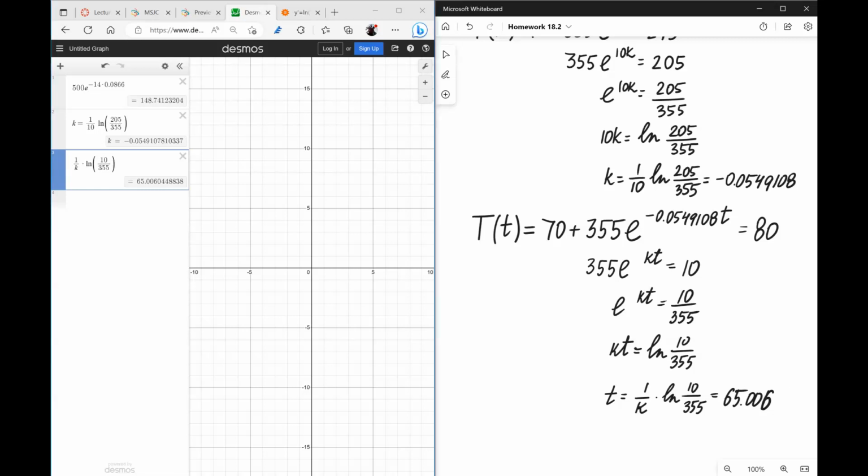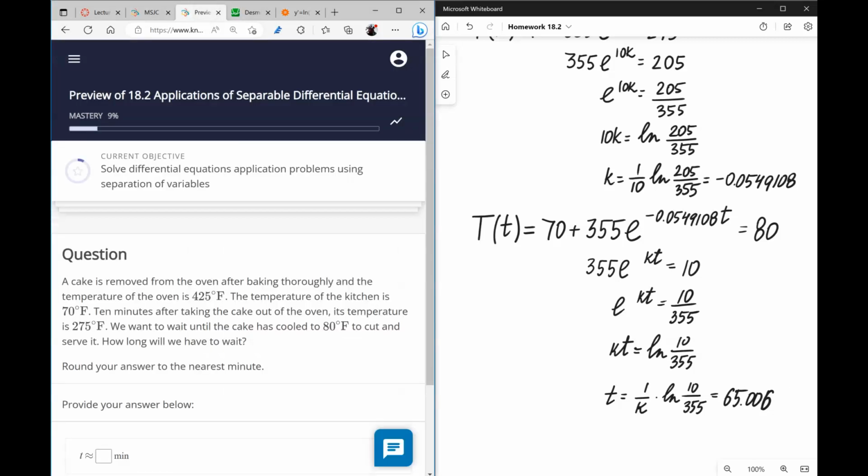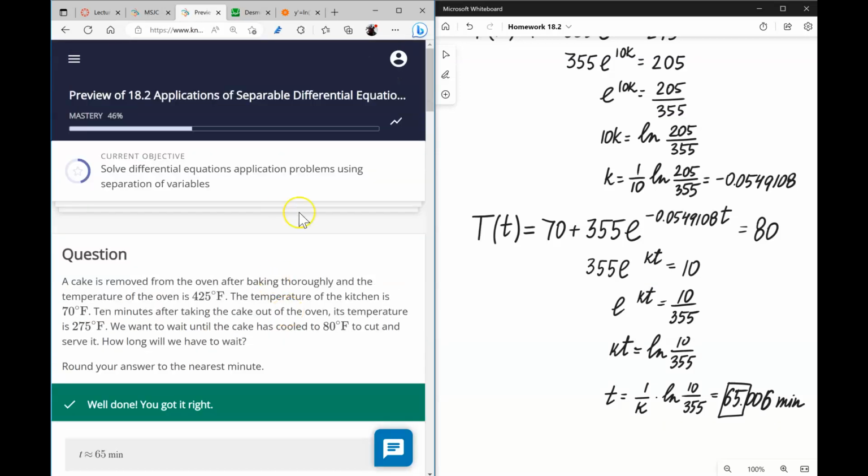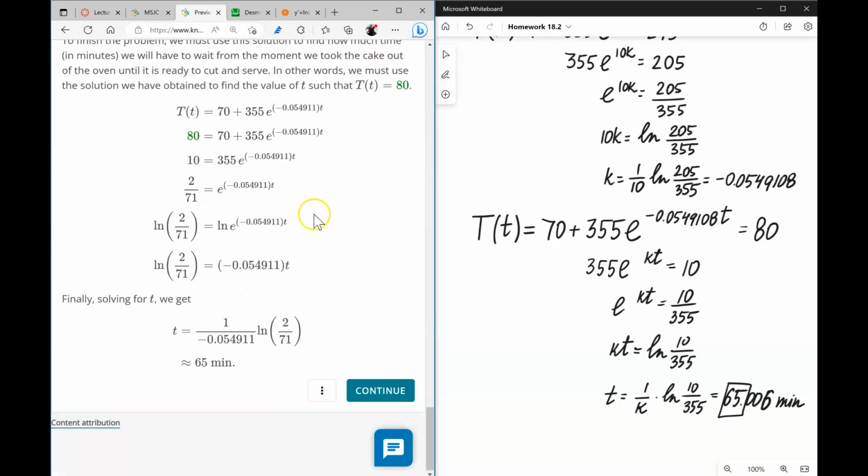Let's go back to the problem. T is in minutes, so if we have to round to the nearest minute, then the answer will be just 65 minutes. So we got that.